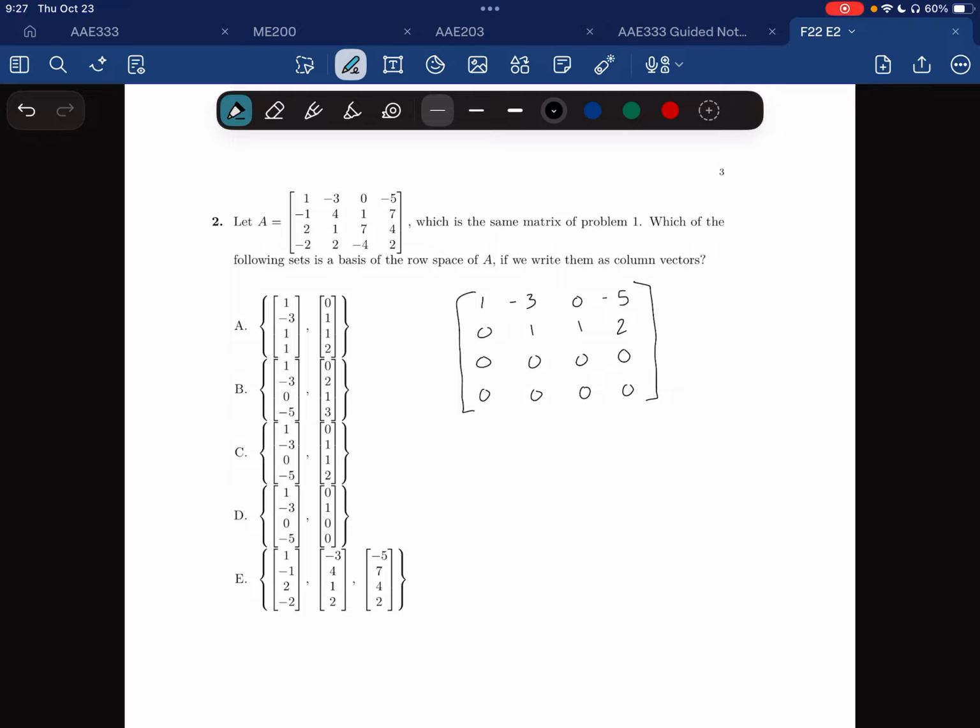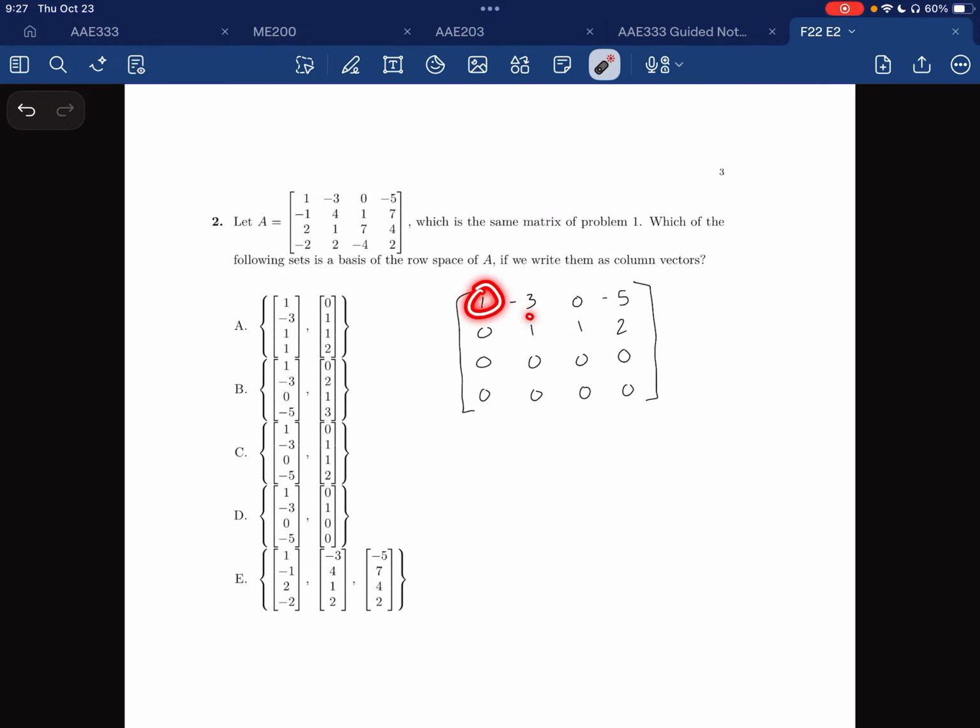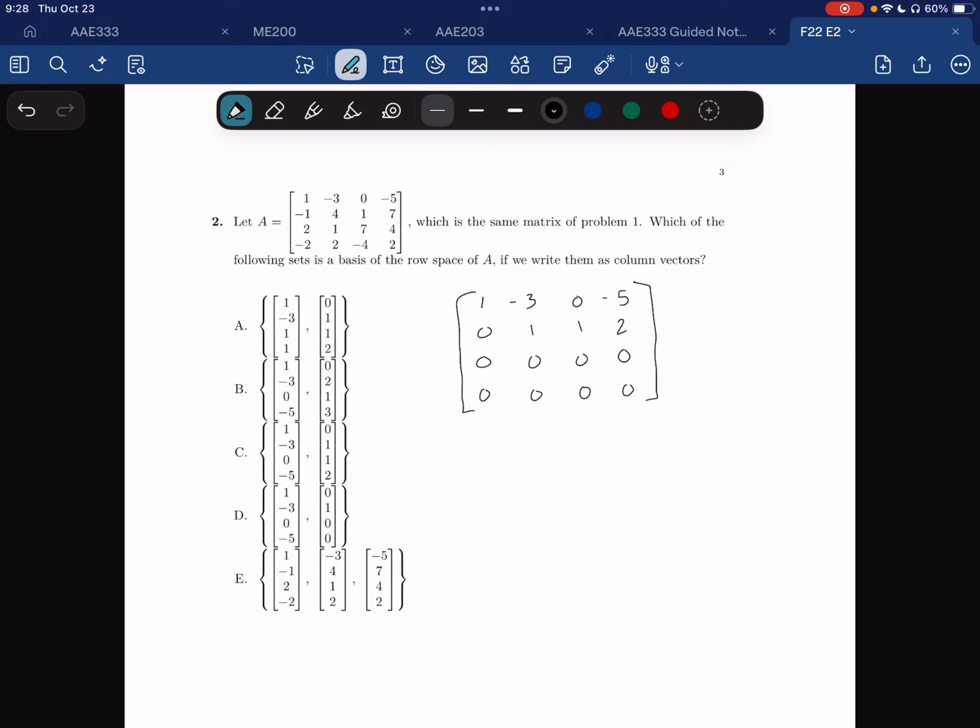Again, our pivots here are the same. You know, still just the first two rows here. And so the non-zero rows of this matrix form a basis for the row space of A. And here you'll notice we are actually taking the REF form, which is also important to consider, right?